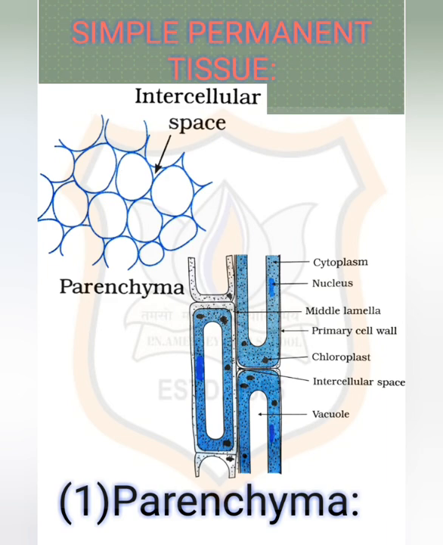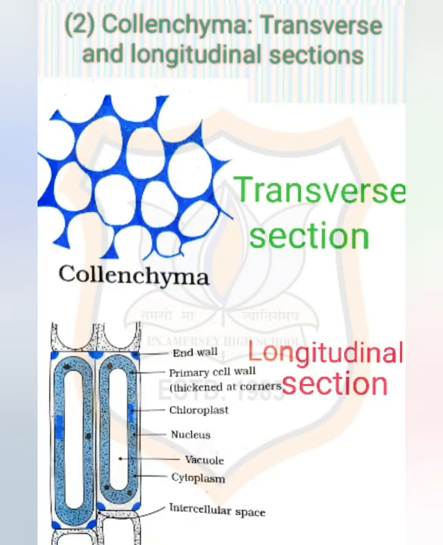Now the second part of simple permanent tissue is collenchyma. It is living, elongated, irregularly thickened at the corners kind of tissue present inside the plants.